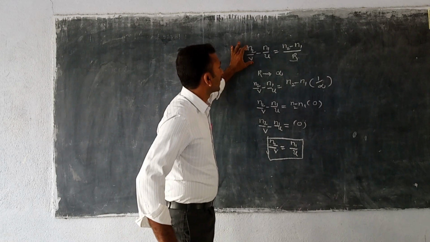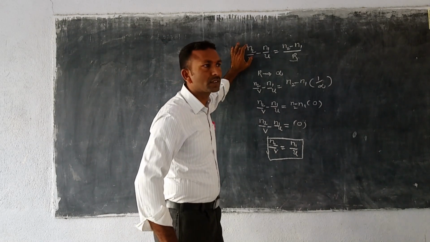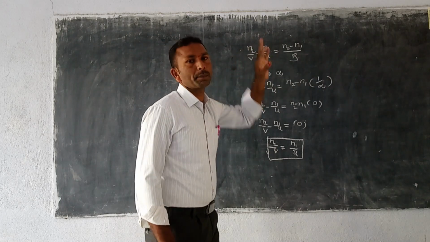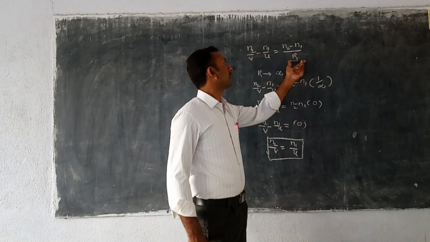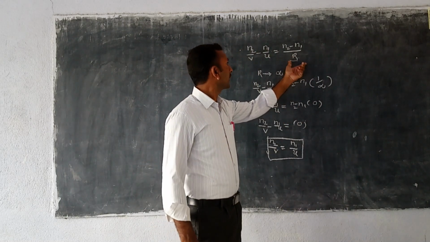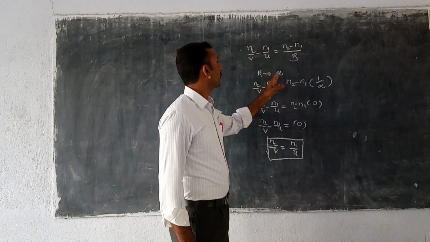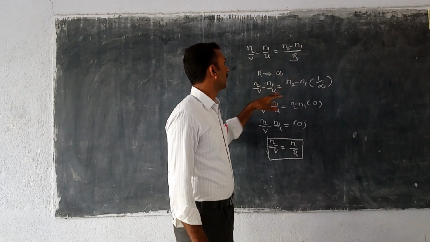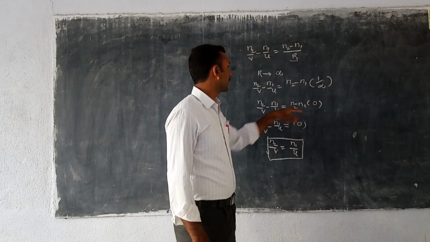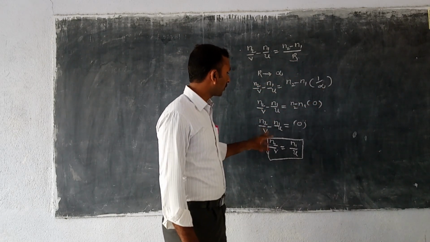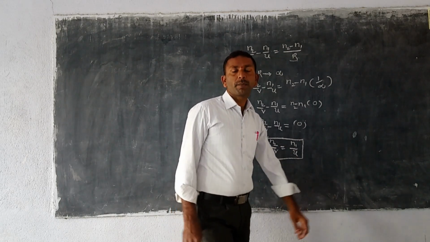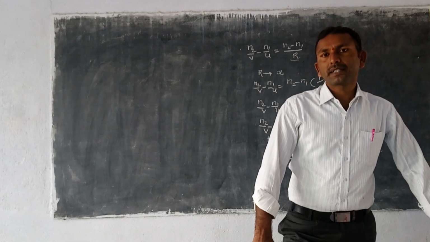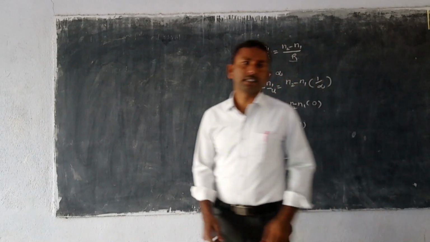This equation belongs to the curved surface formulas, and when we apply it to plane surfaces, the R value becomes infinity. Substituting infinity in place of R, 1 by infinity becomes 0. So we get N2 by V equals N1 by U, and we have some formulas based on this equation.